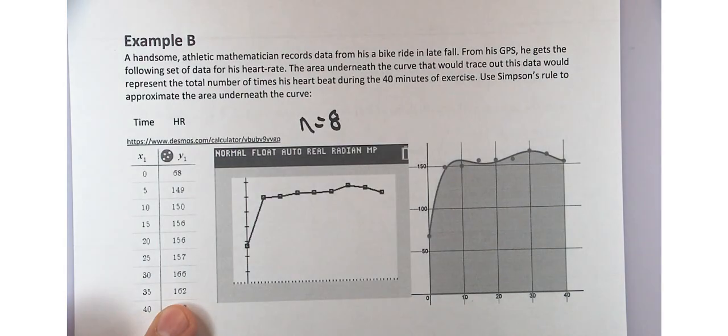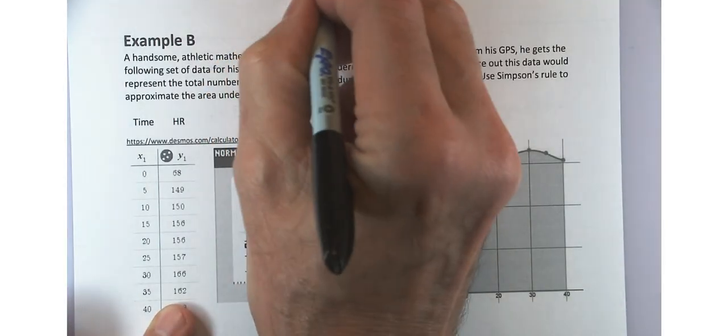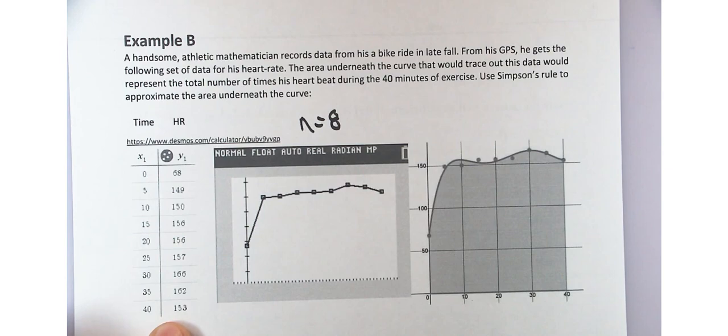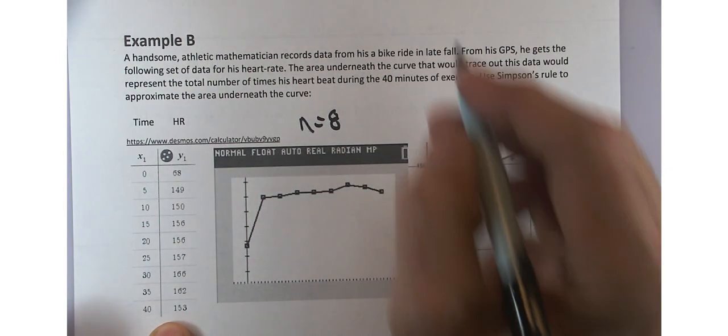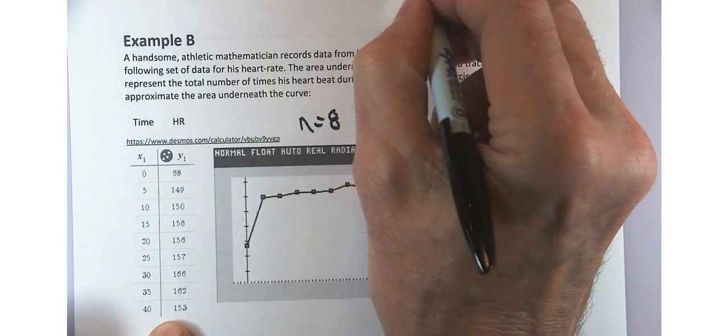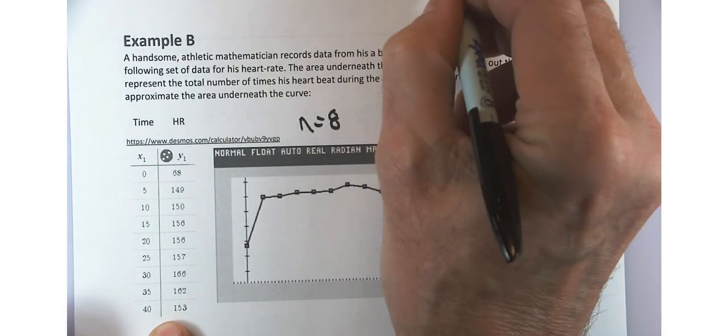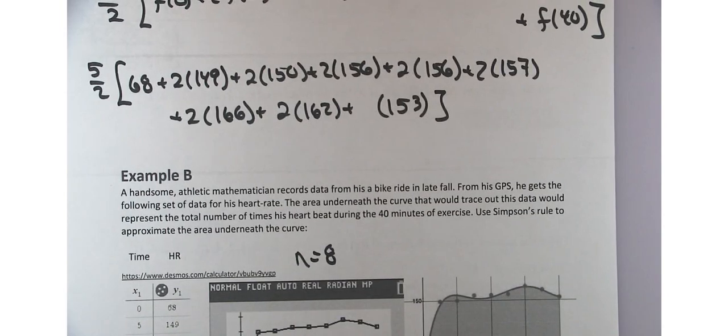Plus 2 times 162. And last but not least, 153. Does that 153 get multiplied by 2? It does not. So a lot of grunt work to do here.